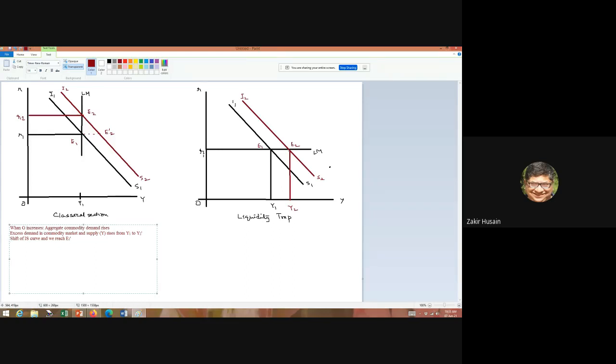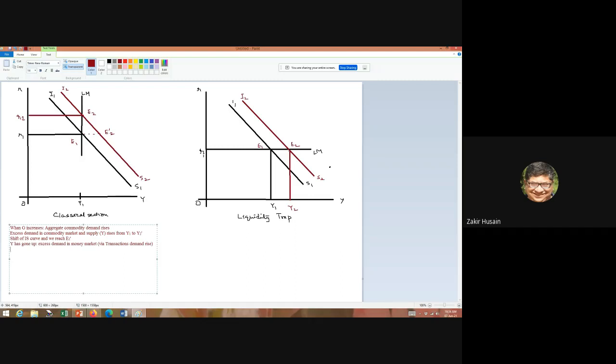So if income Y has gone up, you're going to have excess demand in the money market via transactions demand, right? KPY or KY has gone up.